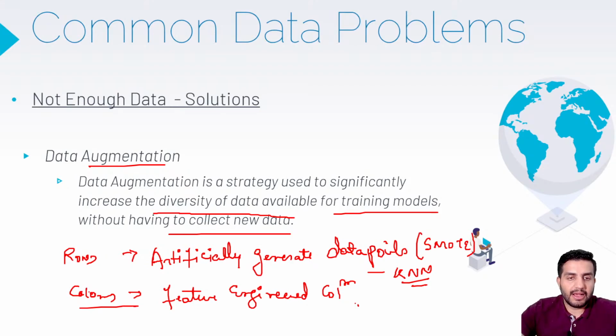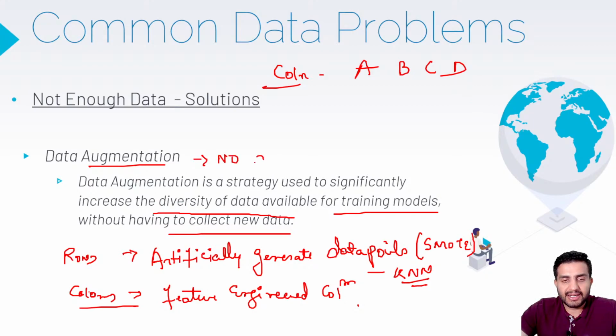Now I'm going to generate, so I have the columns right now which are A, B, C, D. Data augmentation strictly says no data collection.